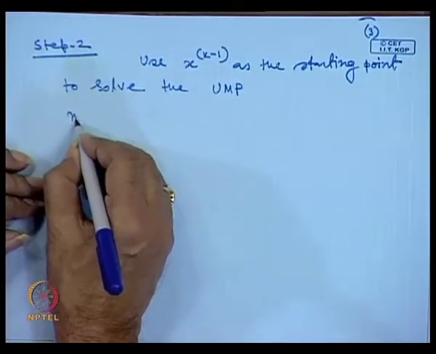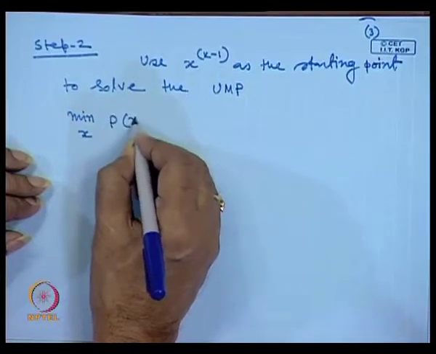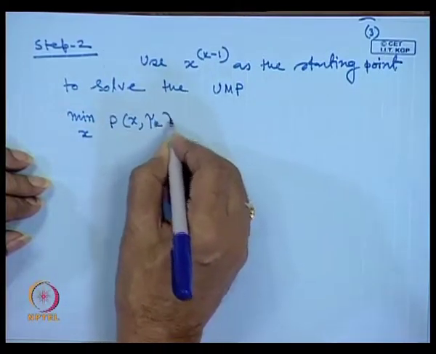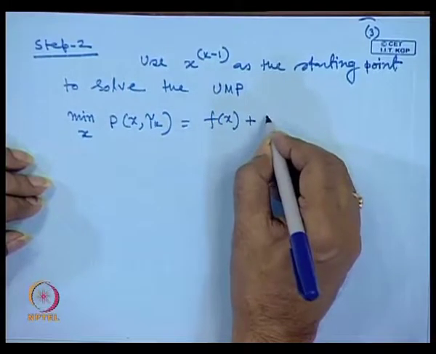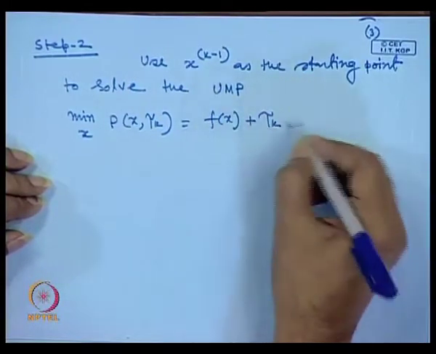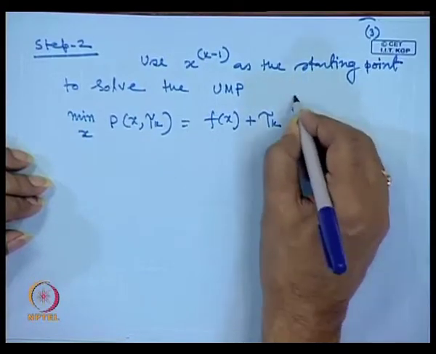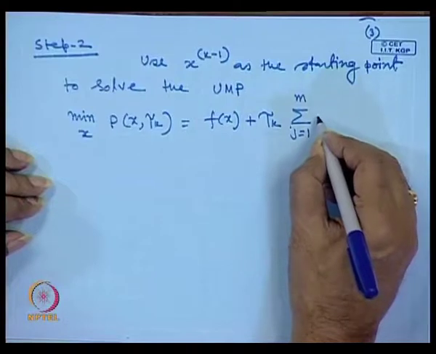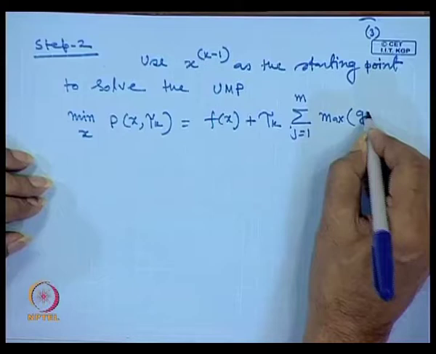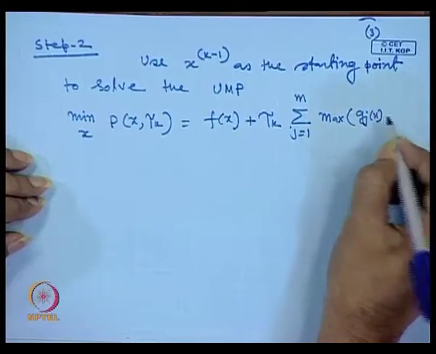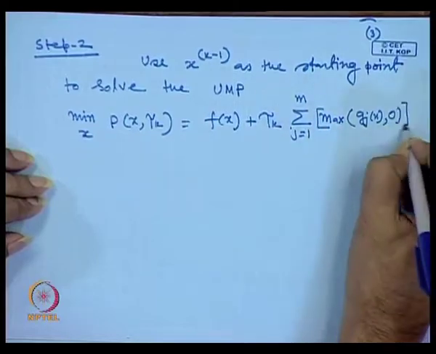That means, minimize P of x, tau k, which is f of x, the objective function, plus tau k, the penalty coefficient, times the summation of the inequality constraints, written as max of g j of x, this whole squared.